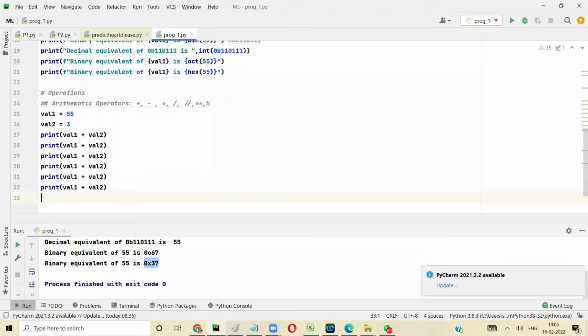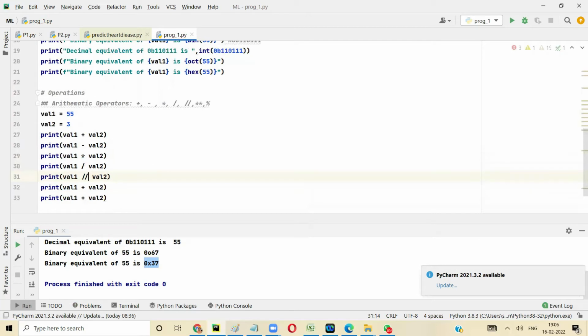58. Right? Yes. And if I do minus, come on, don't sleep in the class. When you do minus, what do we get? 52. And when we multiply, 165. Yes. Okay. Divide. Don't worry, I will not ask you.